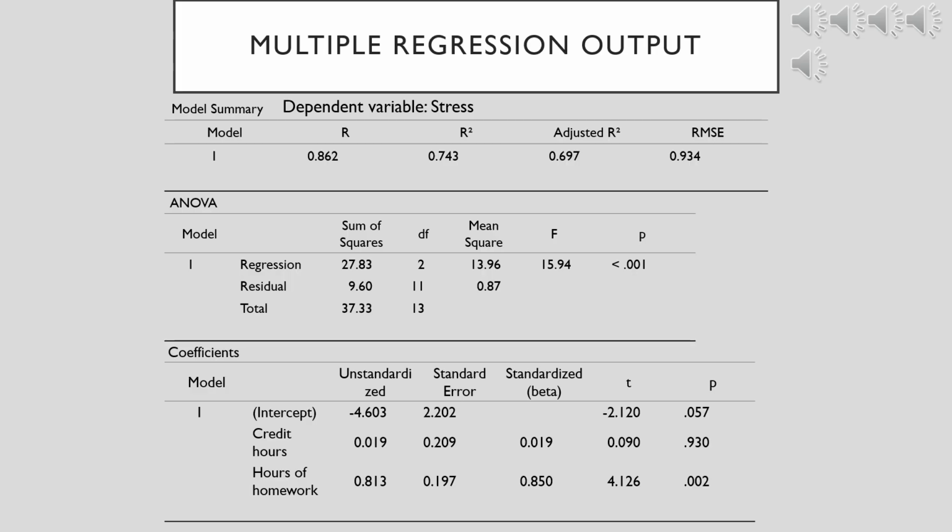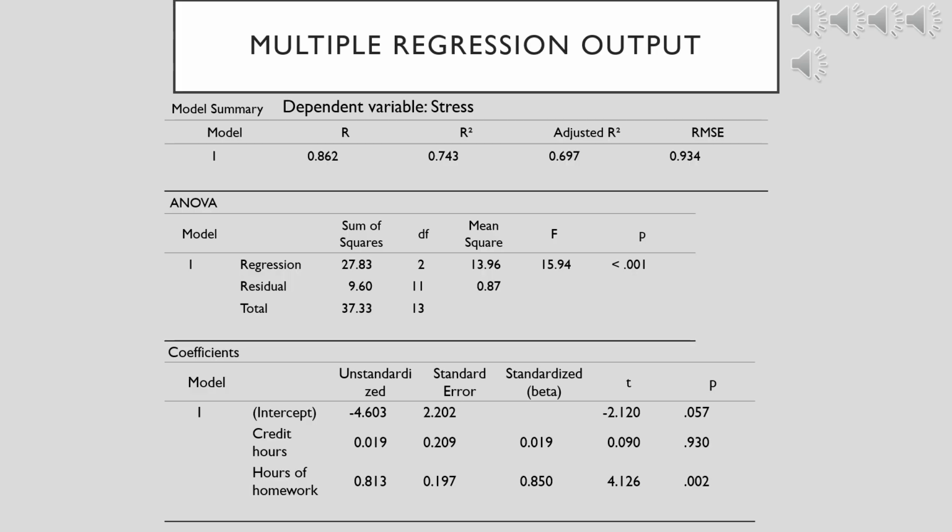Okay, moving on. I want to know, is the entire model, model 1, which is credit hours and hours of homework predicting stress, significant or not? Yes, it is. How do I know that?